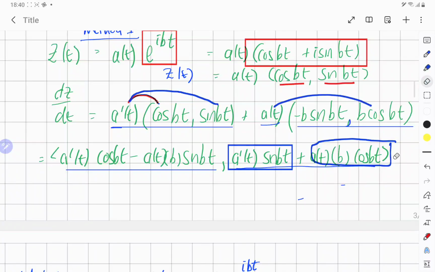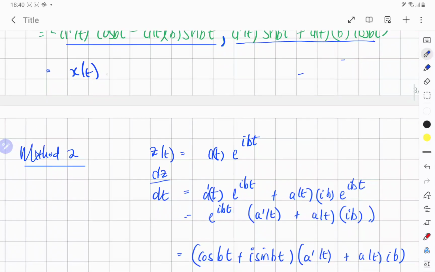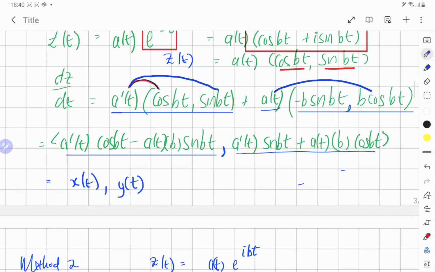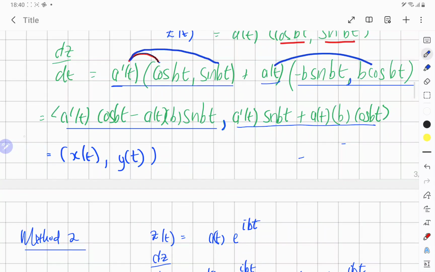So as you can all see here now, I have my vector because I have my x component and my y component, and that will be my vector form of dz/dt.